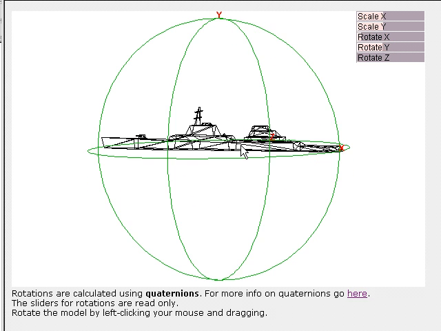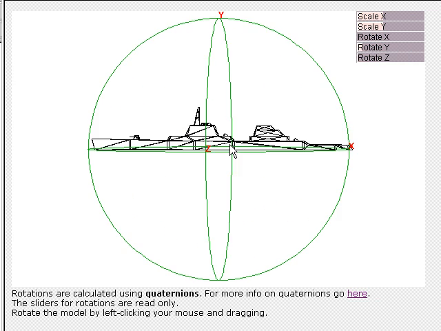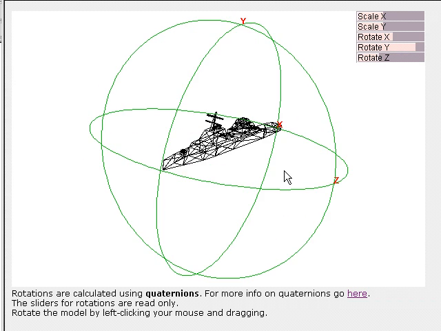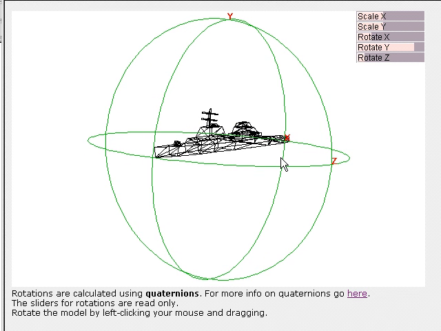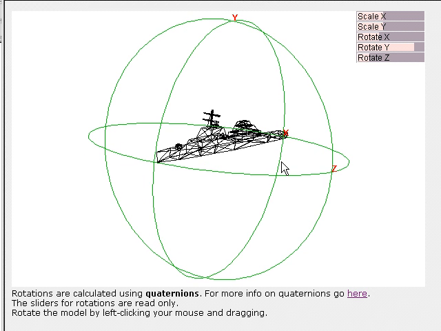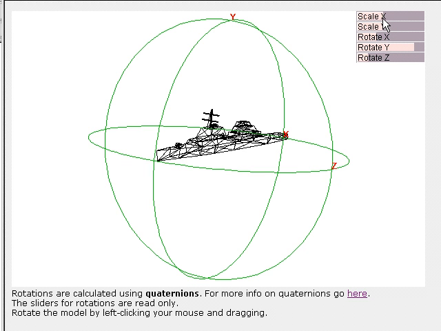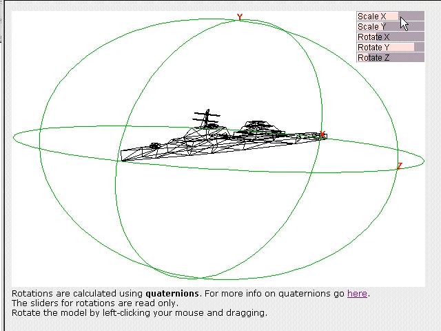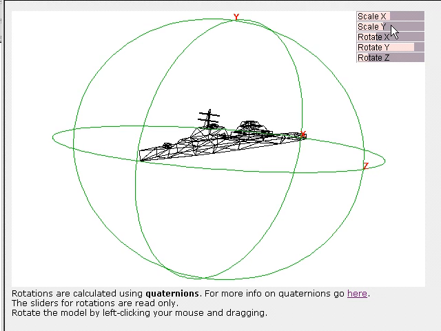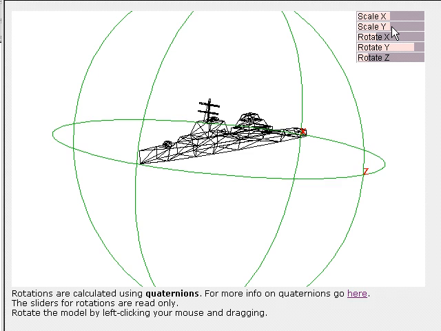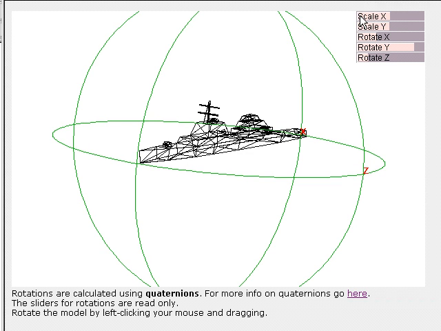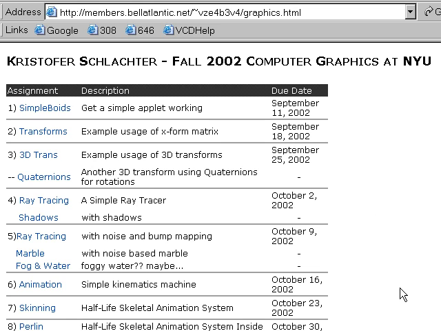So this is a little wire mesh model. All it's doing is moving points around in 3 dimensions and rendering it. Now you can also independently move the scale X or scale Y. And there's a number of other renderings here.